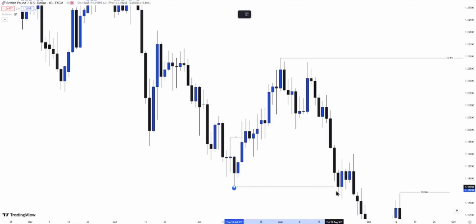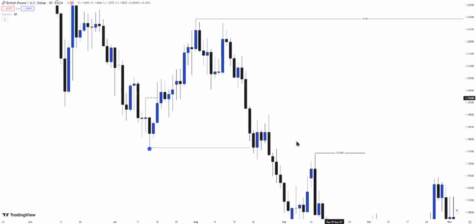And as you can see, it took it out. Initially, with a candle wick, I think so, yes. With a candle wick, it took it out, and eventually it closed below it, confirming this high as a valid high.